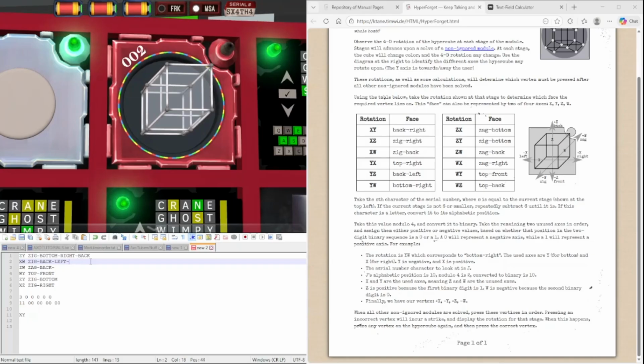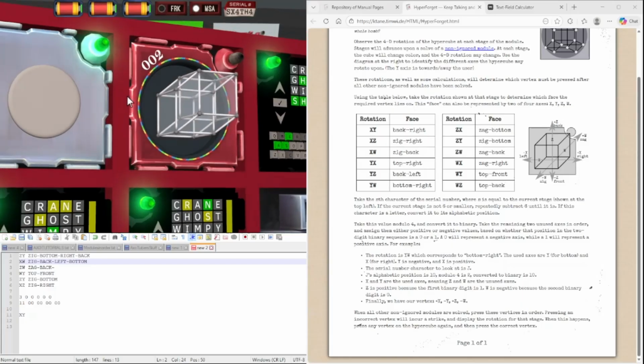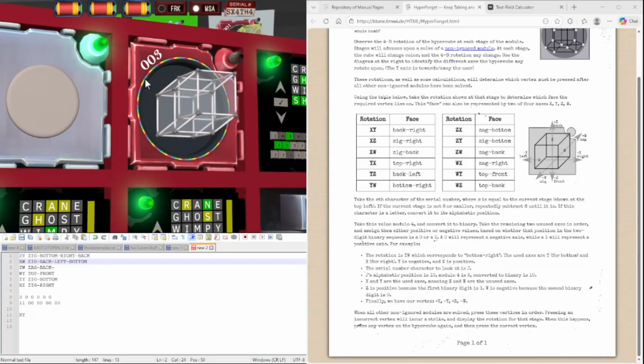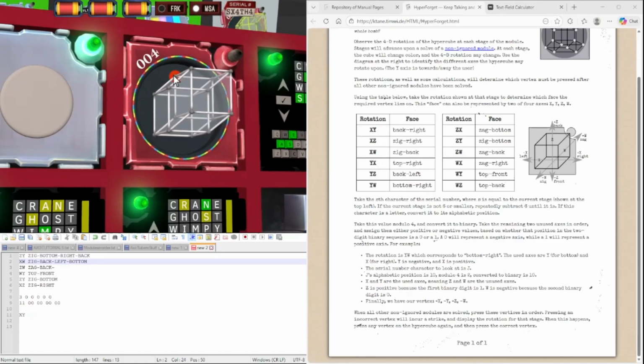Oh, we want negatives at the bottom. Zig, back, left, bottom. That's the bottom. That's the back. That's the left. That's zig. Yep. Then we've got zag, back, left, bottom.